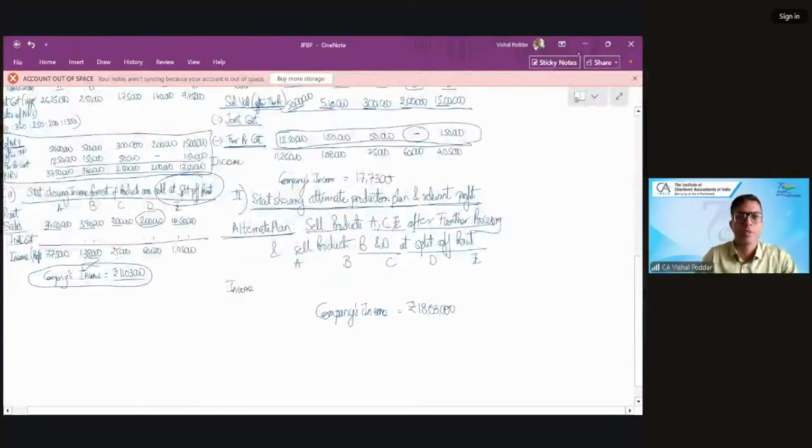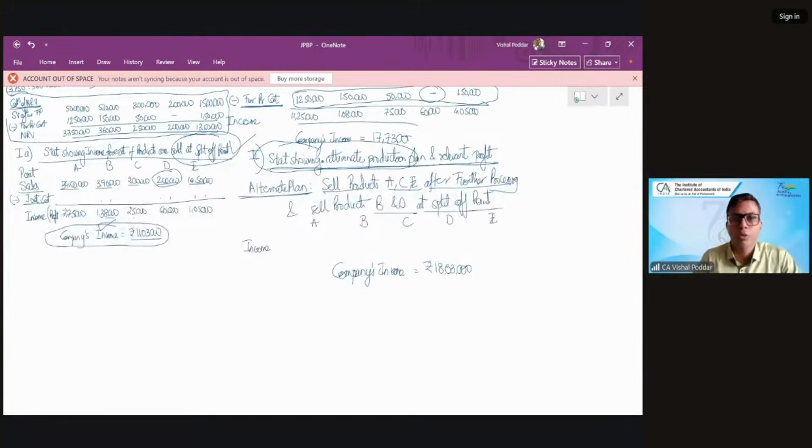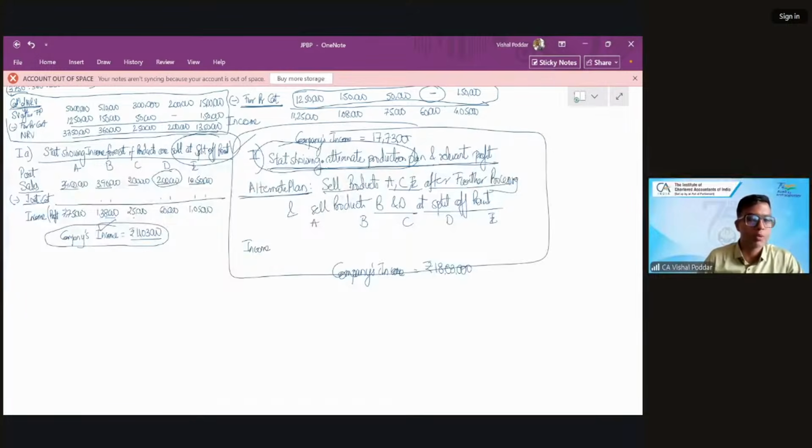In all the questions, we had 4 workings to be done: first, apportioning joint costs, then profit at split off stage, then profit after further processing, and then showing the alternate production plan, that is, decision making. Now, what if the question only wants this? It is only asking you to advise what should be the alternative plan which would give the best results.